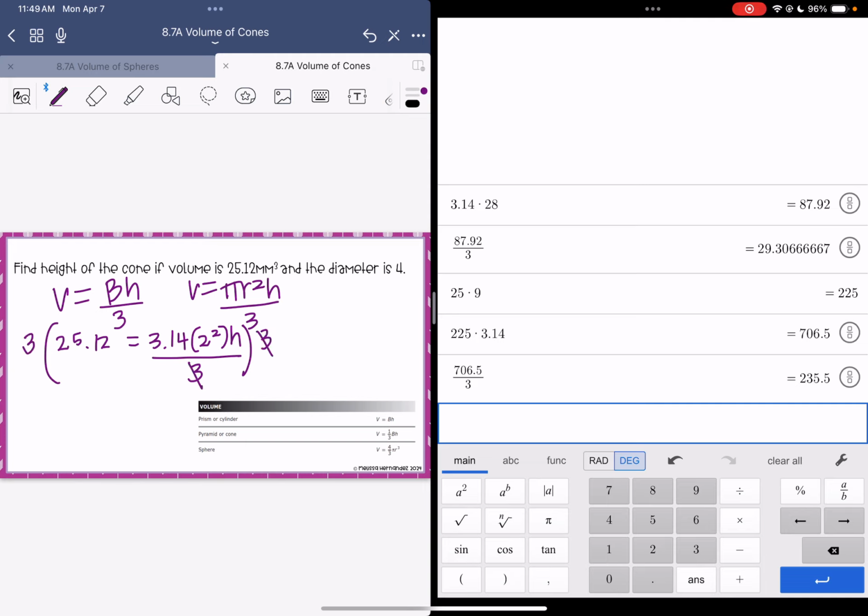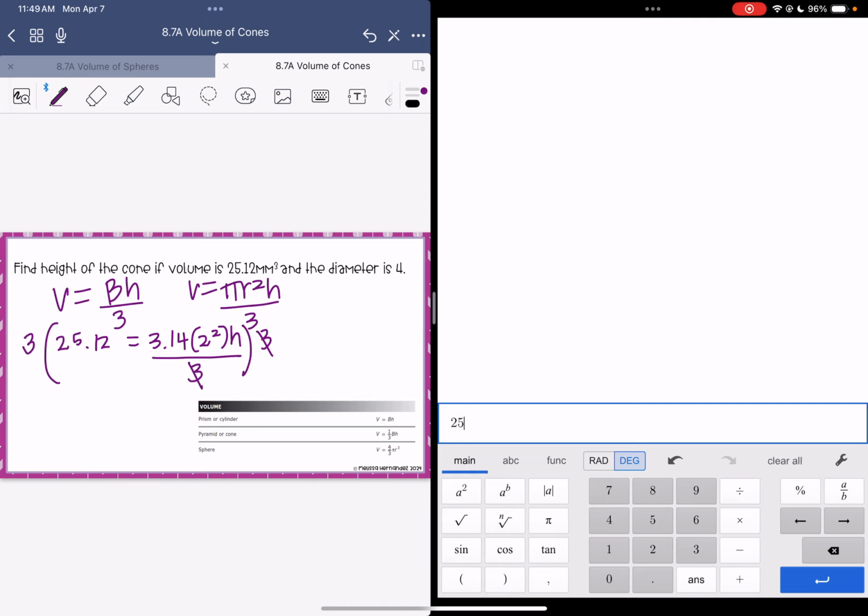I'm going to get my calculator. 25.12 times 3 would be 75.36. Sorry, I'm not using that proper place value. I know 2 times 2 is 4, and 4 times 3.14 is 12.56. Now I bring down the height.